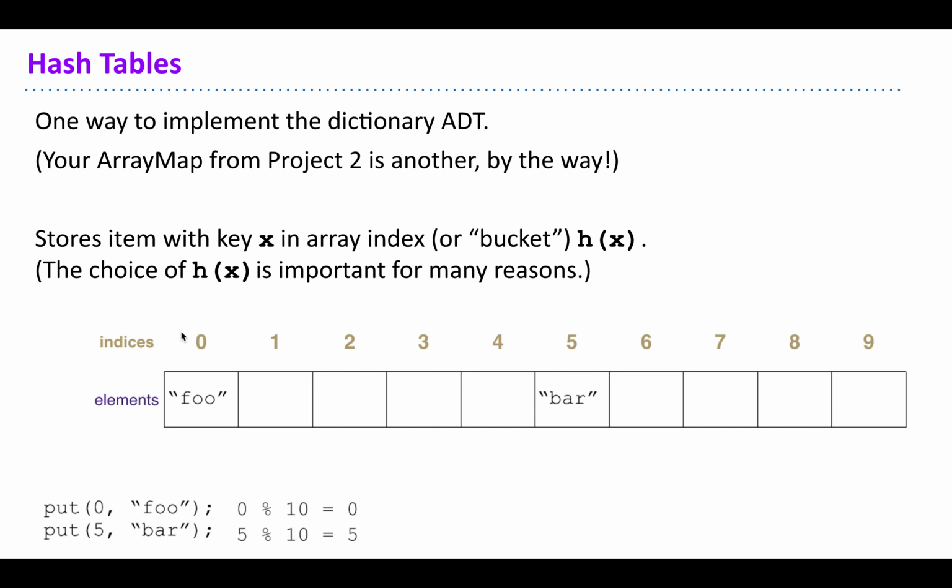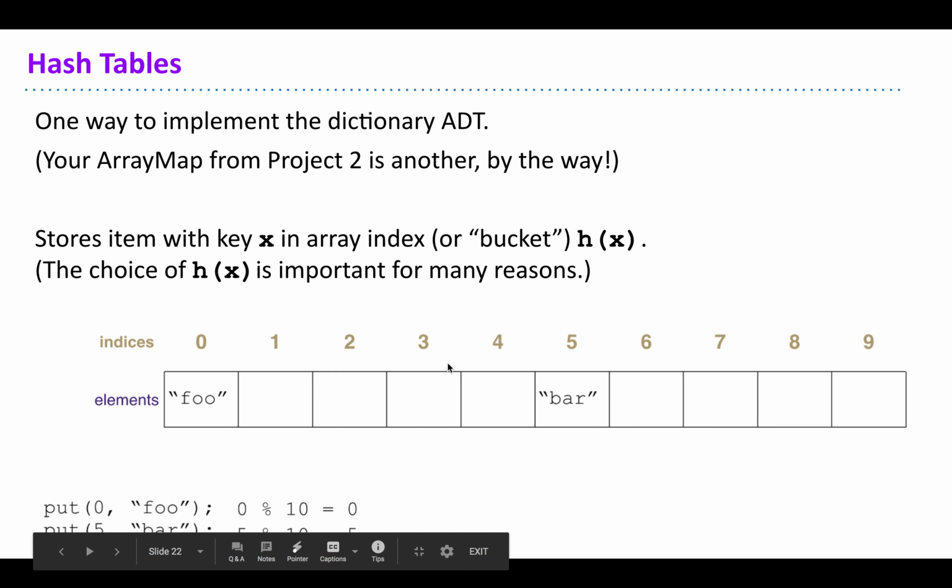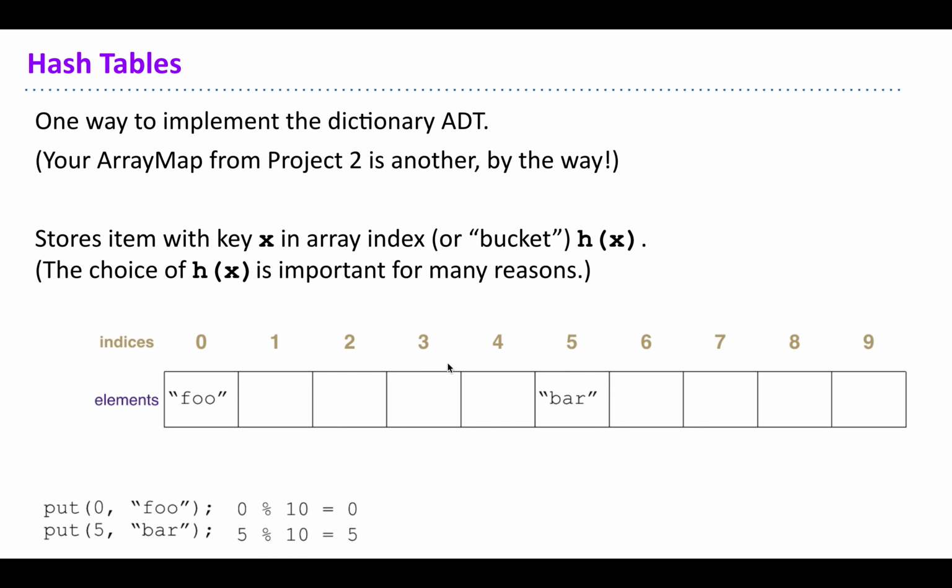In a hash table, each key is associated with one value, and you can look up a key, like, what's the value associated with any given key, in about constant time. That's our goal for a hash table.